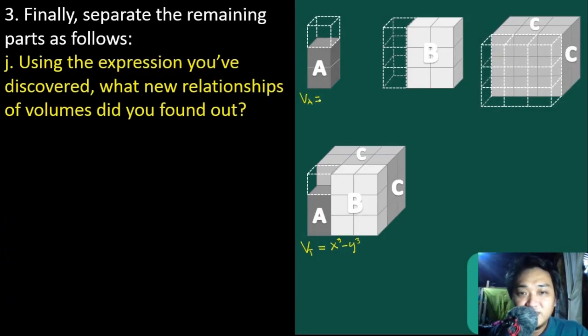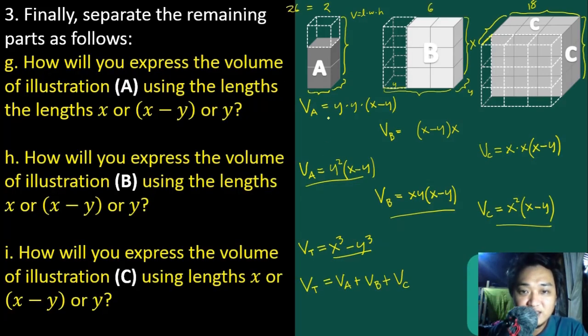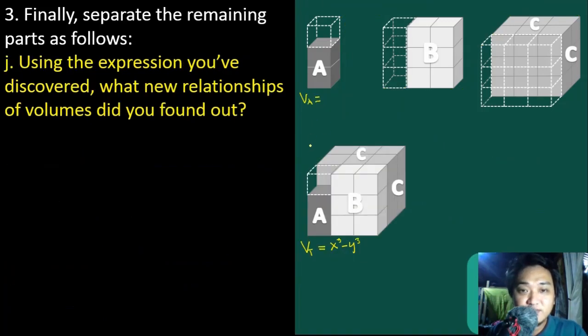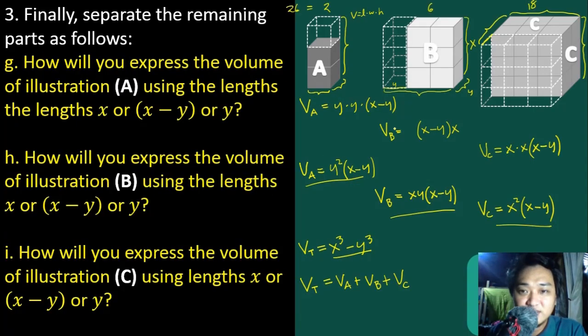The volume of A is equivalent to, balikan lang natin yung kanina, that is y squared times the quantity x minus y. Yung volume naman ni B, balikan lang natin ulit yung kanina, that will be xy times the quantity x minus y.